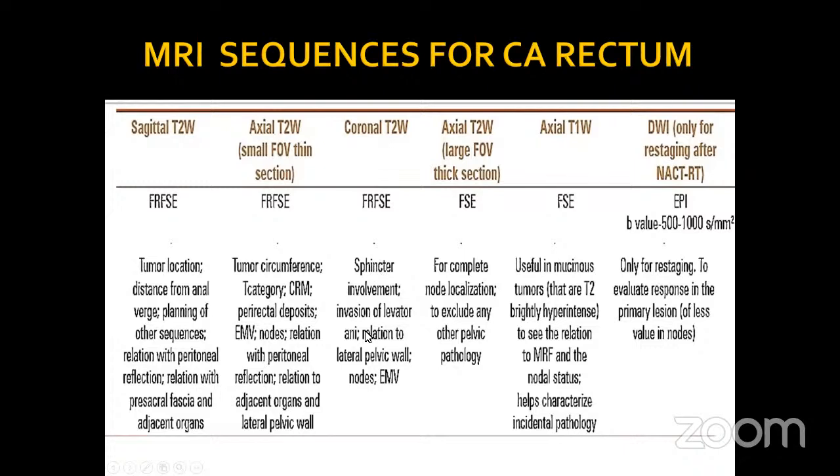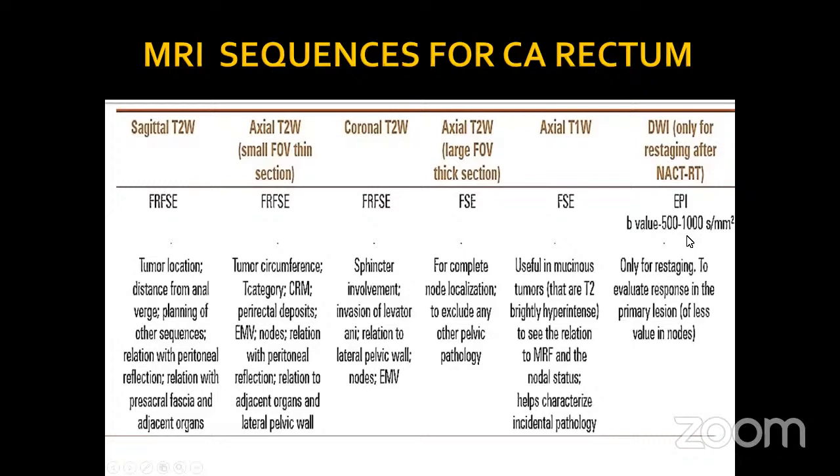Coronal sequence is important to measure the distance from the sphincter to the lower extent of the tumor, and extramural venous invasion should be looked at on coronal sequence. I'll show you pictures, not to worry. And diffusion is very important, especially for the mucinous tumor or signet ring tumor, for their diffusion restriction.